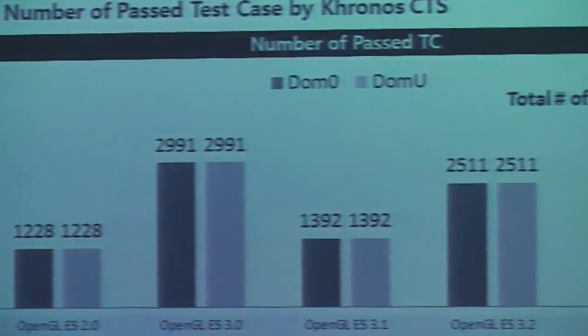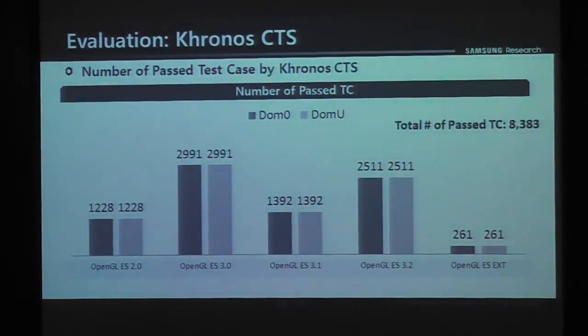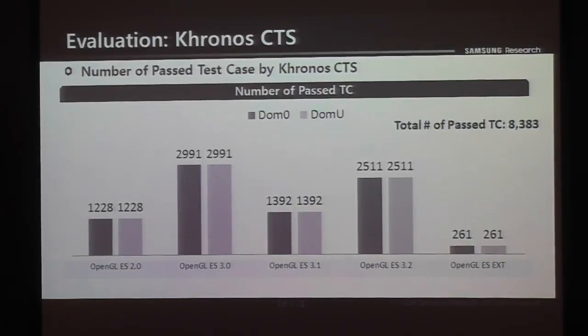And this one is for showing the functional correctness of our graphics virtualization solution. We tested our graphics virtualization solution using Khronos CTS. We ran this Khronos CTS at domain 0 and domain U, and we got the same result like this.